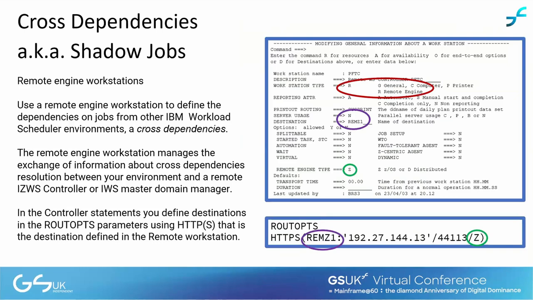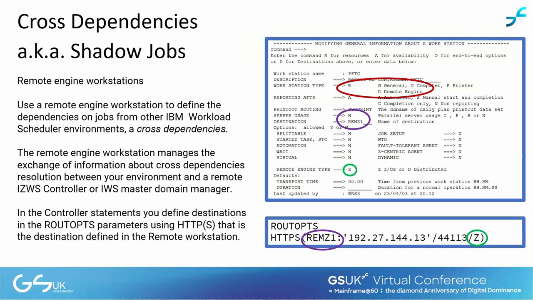Cross dependencies, also known as shadow jobs. So a shadow job is a job you build in your controller that is shadowing a job or an activity in another controller, or a distributed master.